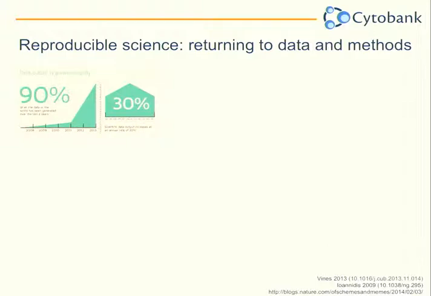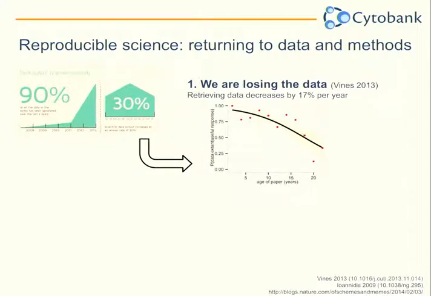Right now, on average, scientific data is growing at approximately 30% per year. And the problem with this is that there are a number of new studies, for example, this paper from Vines last year, showing that we're losing the data over time. They basically went through a series of publications and tried to determine whether or not the data was accessible.